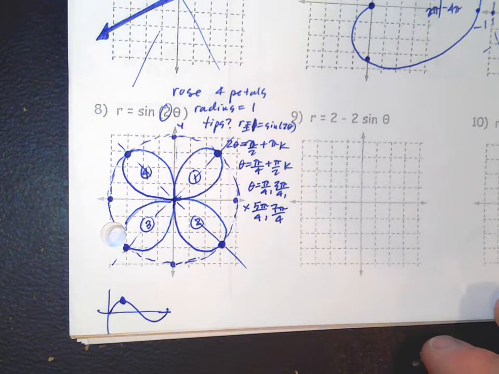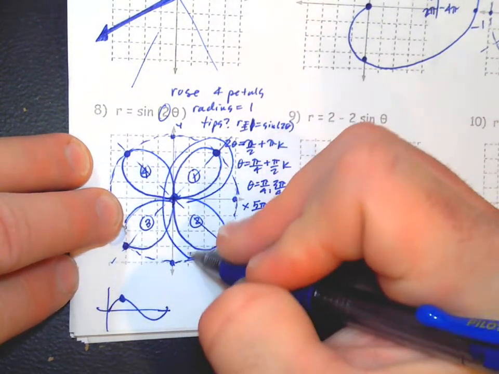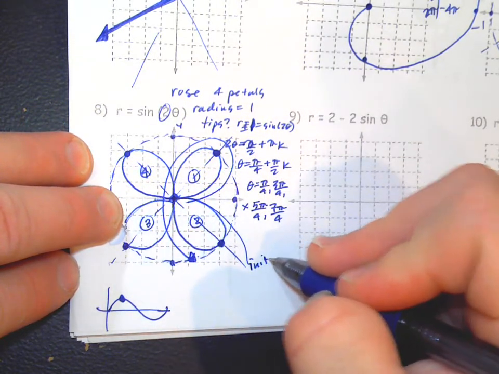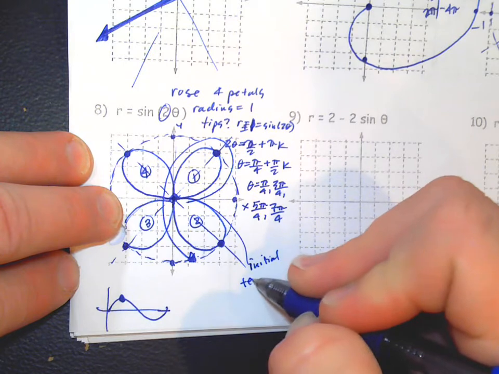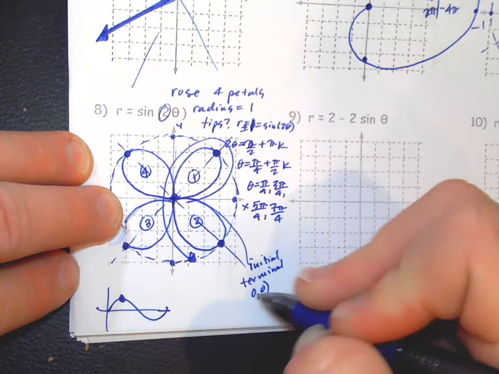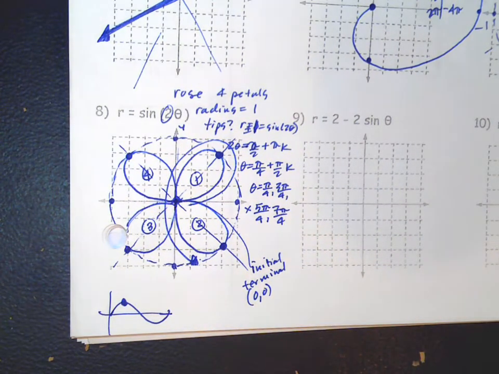So it starts here, and the direction is like this. Okay, so the initial and terminal points are at an angle of 0, radius of 0, or same with Cartesian, that's origin.